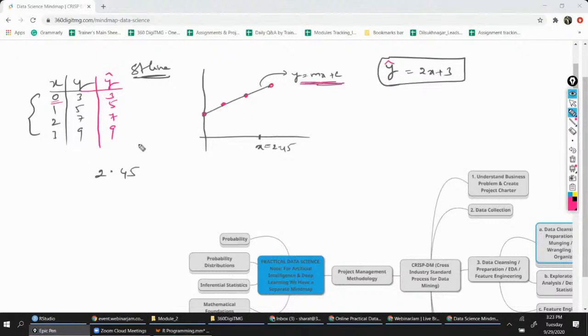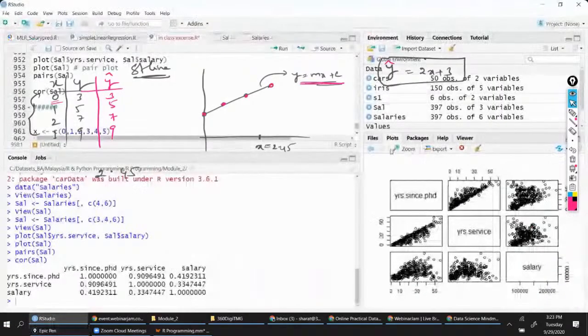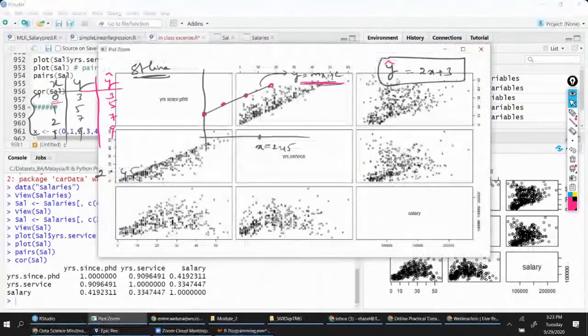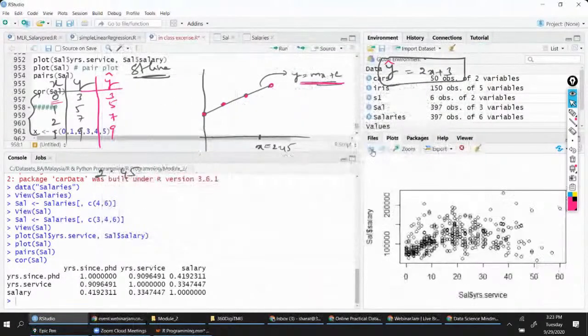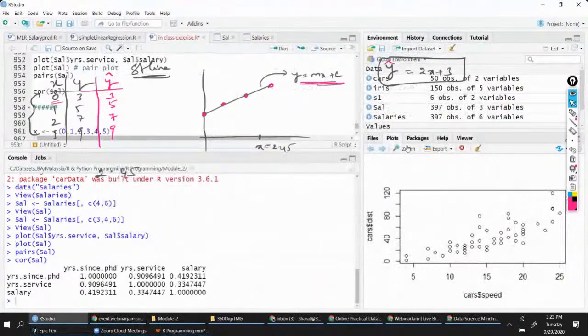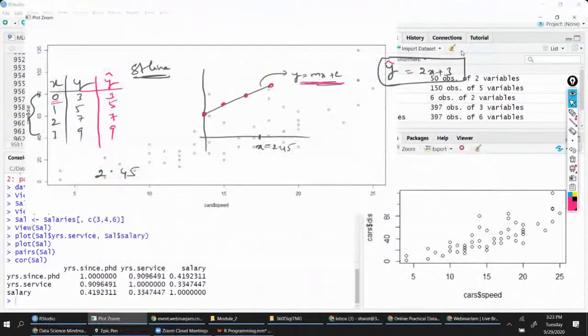But do you think in reality this would be the case? We have seen multiple diagrams, so many different visualizations in this data. If I take, let's say, this visualization, I'm talking about speed and displacement.